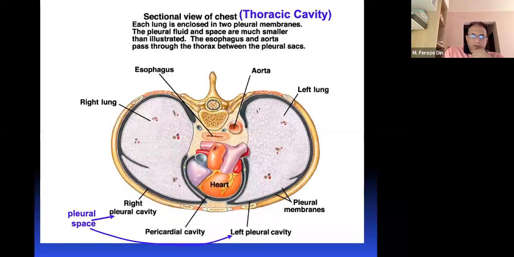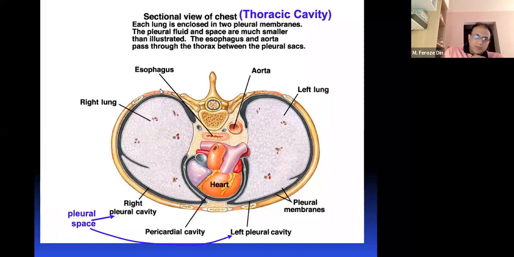It's a cross-section of the chest, which shows you how the lungs are sort of in an air and watertight cavity, the chest cavity, and the lungs have a covering of membrane called the pleural membrane, both the right and the left lungs. This is, of course, the heart. And there's a potential space. This is called the pleural space.